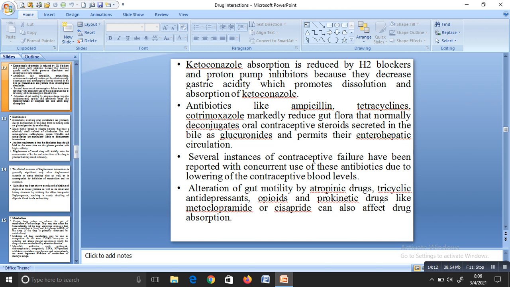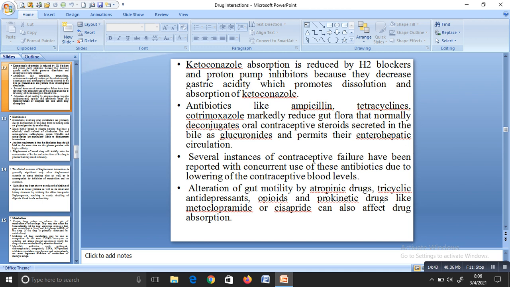If you are taking oral contraceptives, they will be deconjugated by the gut flora, then they will enter into the bile as glucuronides, and there will be enterohepatic circulation.